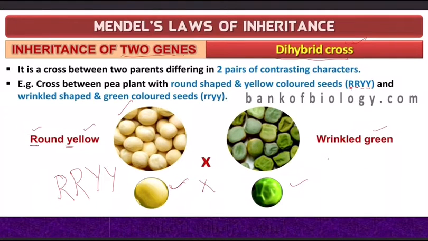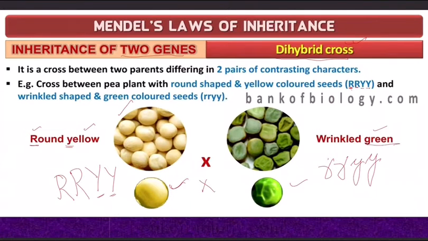Versus, it's not multiplication, it is cross. If you may recollect from your memory, whatever alphabets we pick up for the dominant character, corresponding small letters only we should pick up for the recessive character. Like here, round is capital R, capital R. So you ought to take for wrinkled small r, small r.